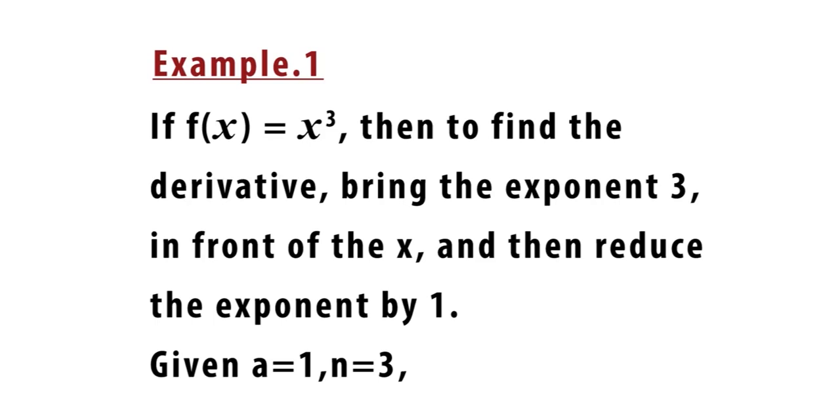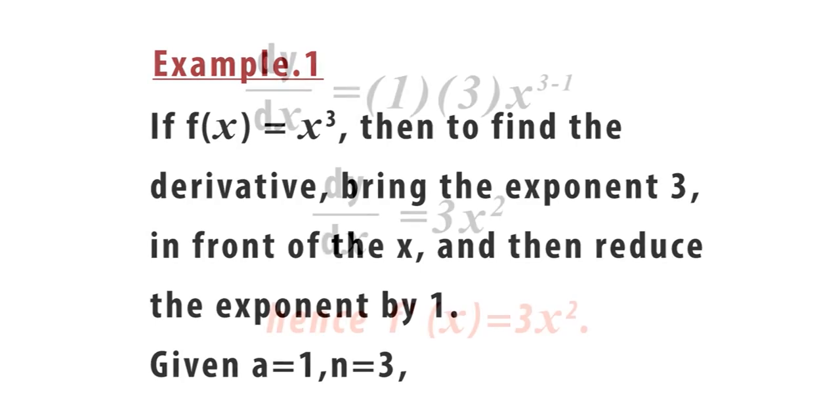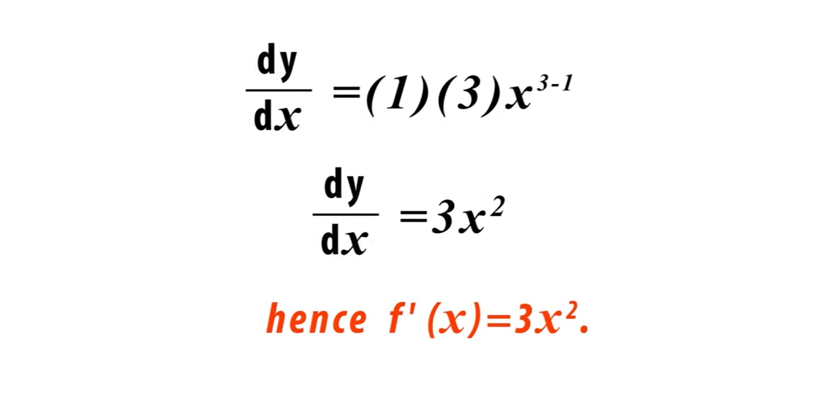So here, a is equal to 1, n is equal to 3. So dy dx is equal to 1, which is a, times 3, which is n. Then we bring our x, and then the exponent minus 1. So 3 minus 1, just as we gave in the power rule.